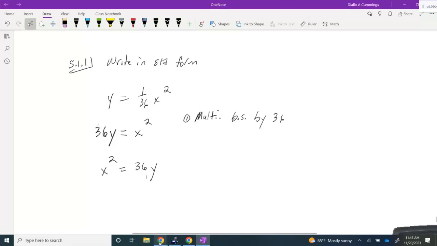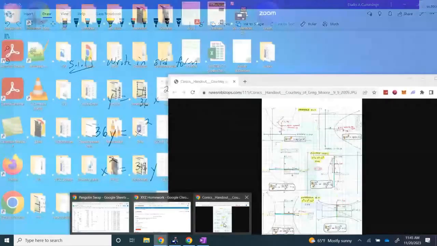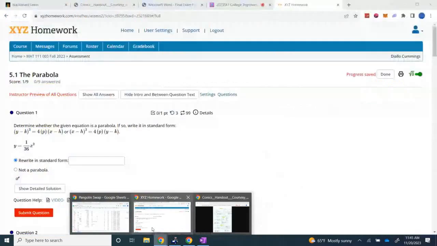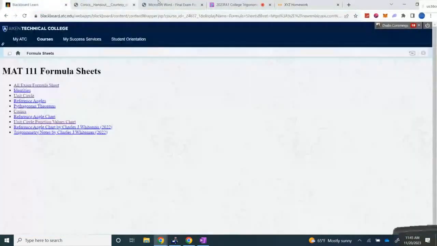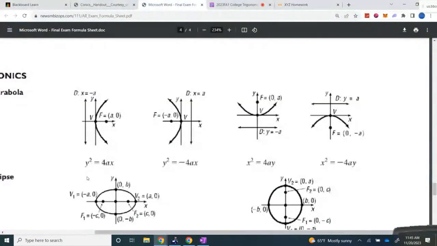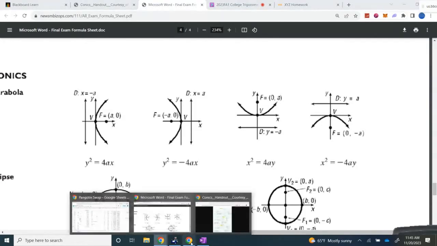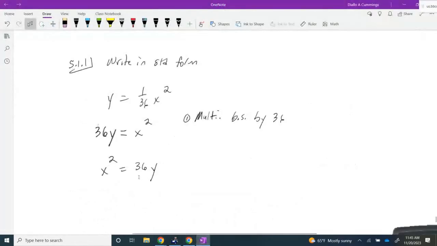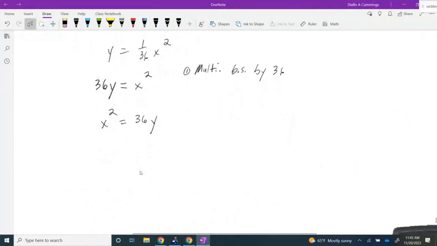But for the standard form, I have to factor out a 4 some kind of way, because it is x squared is equal to 4 times a times y. So in order to pull out the 4, I'm going to divide by 4.